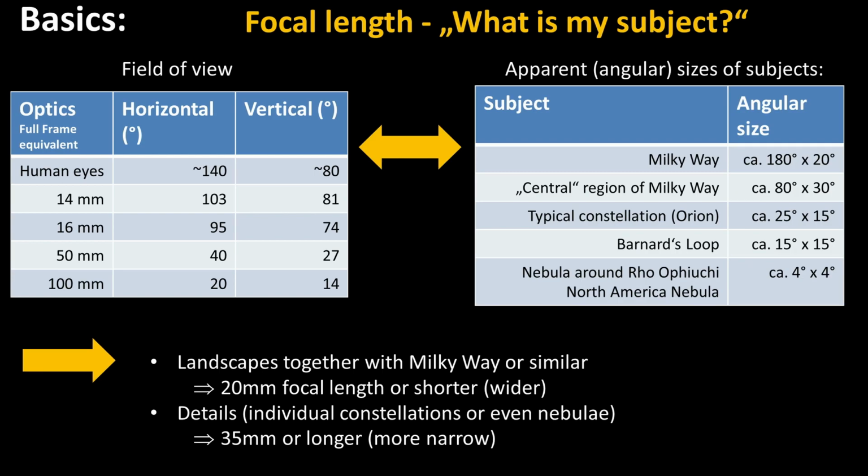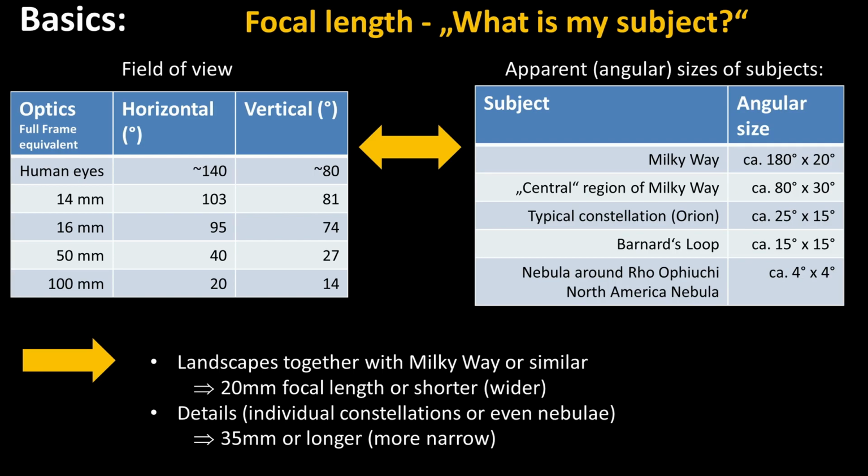You could do this, for example, with 3 or 4 exposures with a 16 millimeter lens, or with 6 or 8 exposures of a 50 millimeter lens, or you could do this picture with a fisheye lens, which of course sees the whole sky.